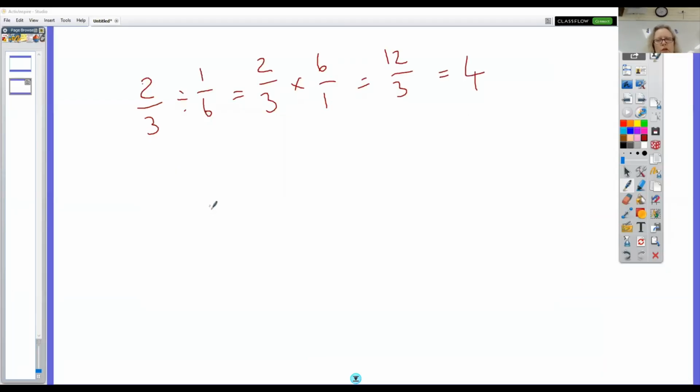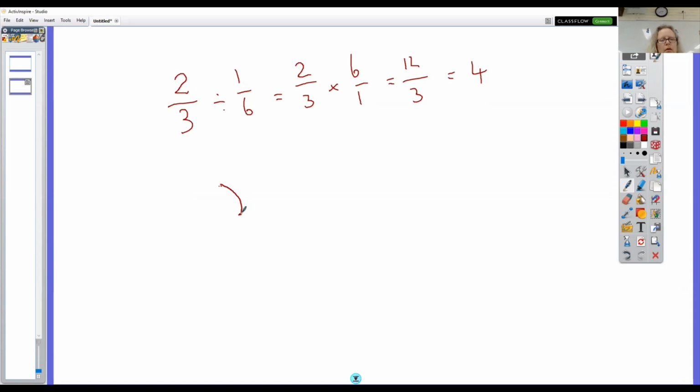So I'm going to try and draw a picture of what I'm saying here. 2/3, if I can get the pen to work. Well, that's not very helpful, is it? If my pen will work.